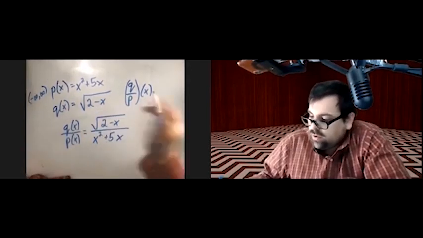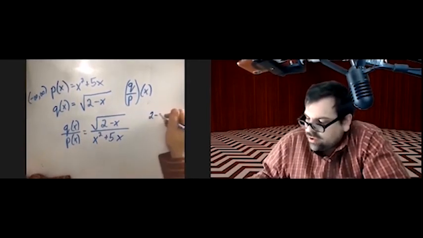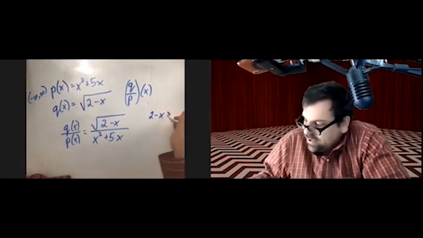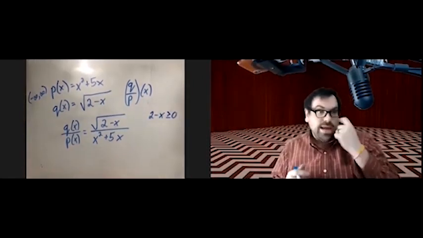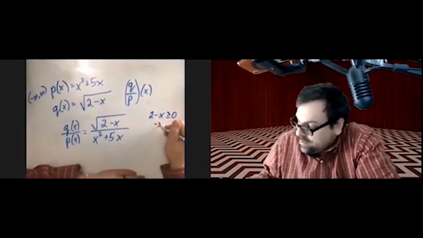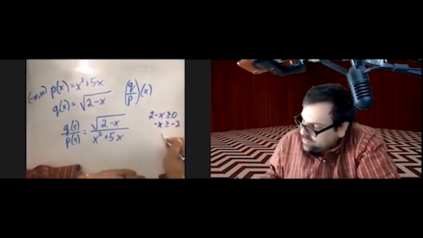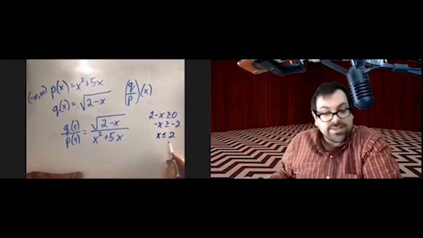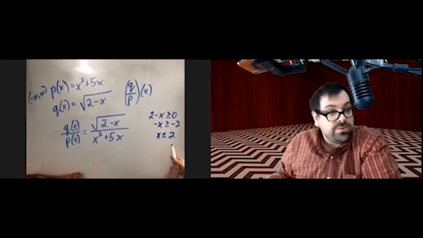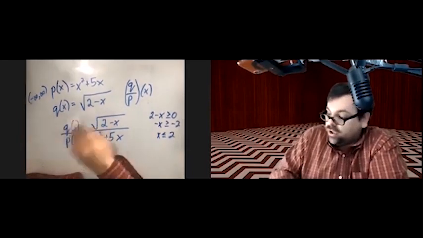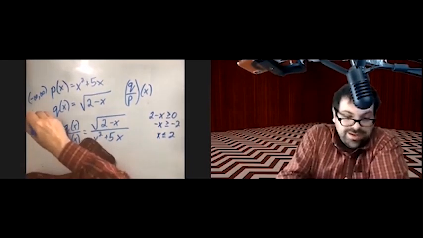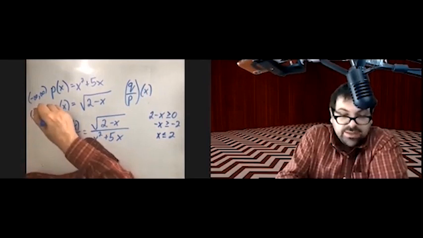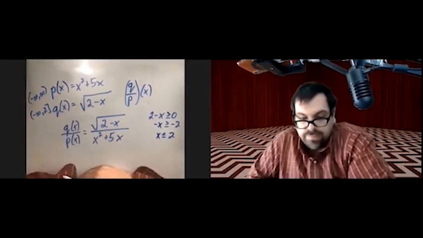For Q, things under a radical have to be greater than or equal to 0. They can't be negative. So negative x would be greater than or equal to negative 2. Multiply or divide both sides by negative 1. Either way, that flips the inequality. x less than or equal to 2. So the domain for Q is negative infinity to positive 2.